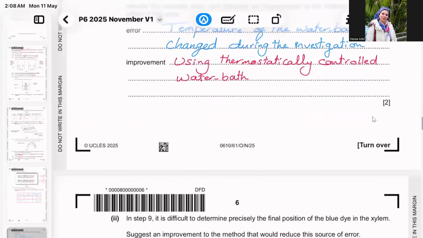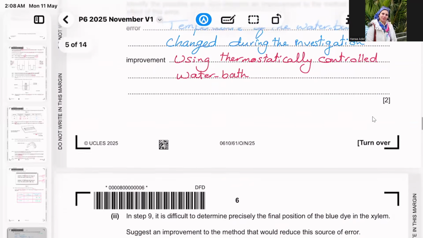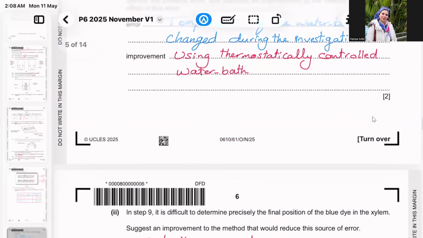In step 9, it is difficult to determine precisely the final position of the blue dye in the xylem. Suggest an improvement to the method that would reduce this source of error. We have a source of error here, which is maybe that this 5 millimeter is too large to be cut as a section.